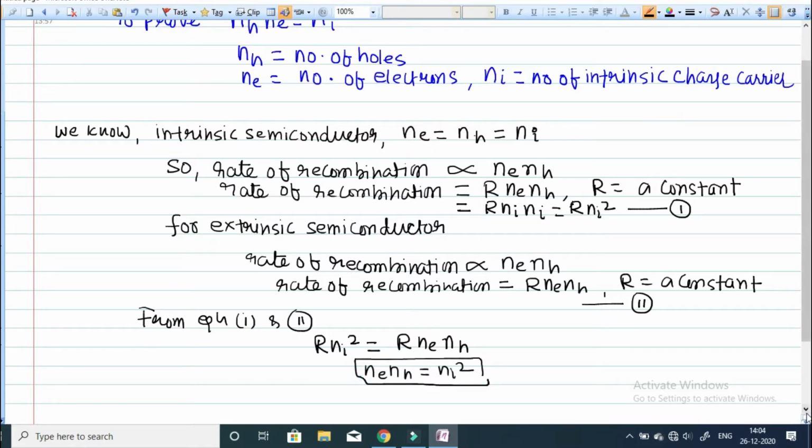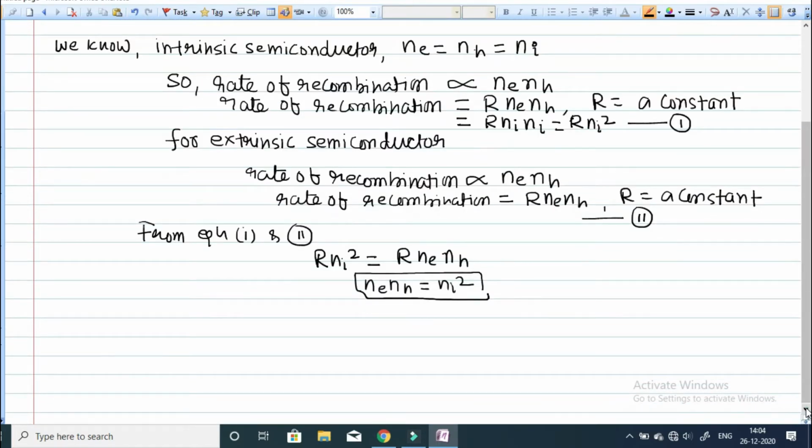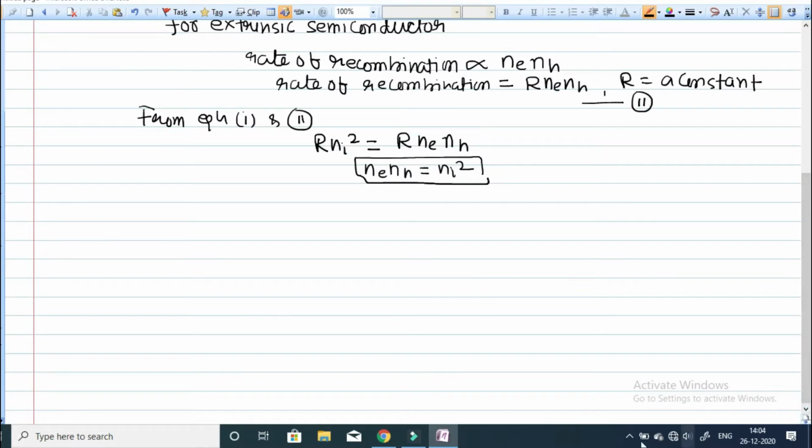Now we are going to an important topic, that is PN junction diode. Before going into PN junction diode, you must know about the p-type semiconductor and n-type semiconductor that I have already explained in the previous video. So now our next topic is the PN junction diode, or simply we can say diode also.